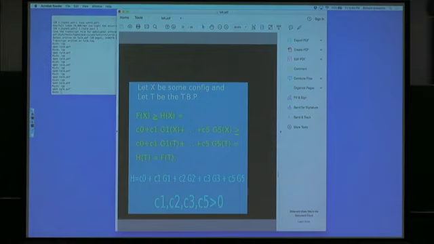X is some configuration, and T is the triangular bipyramid. F is the power law, H is this weird combination. So F of X is greater than or equal to H of X. Why? Because H is an under-approximation. And then H of X, just by definition, is this linear combination. But then all this for X is bigger than all this for T because I've already proved it, the result for these G's, and the coefficients are positive.